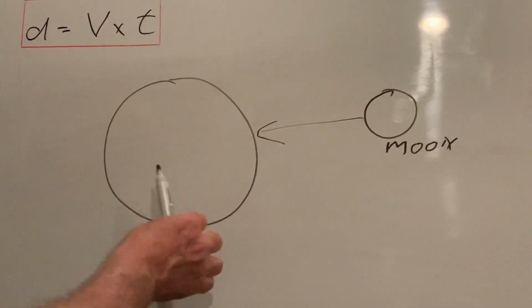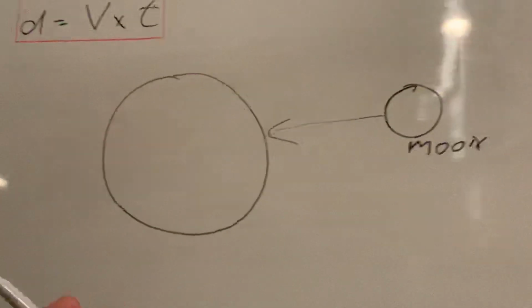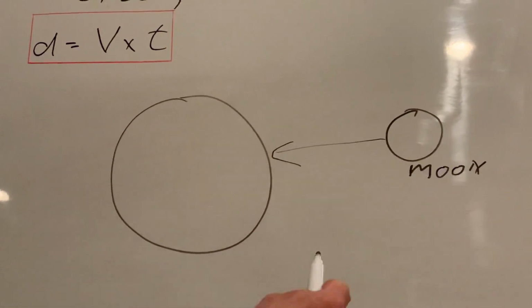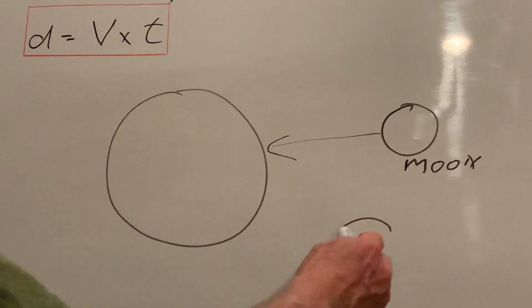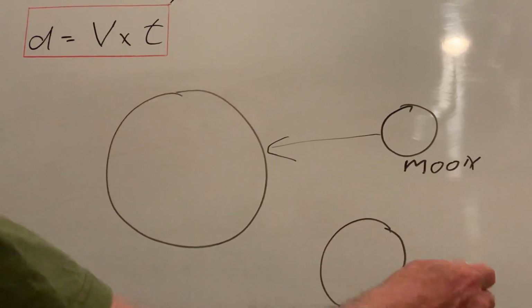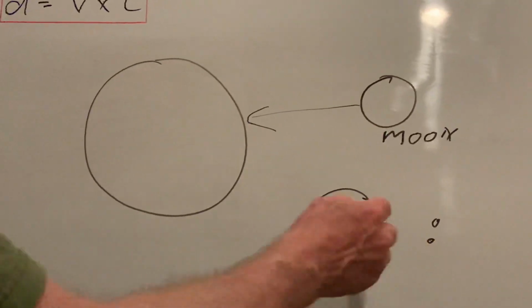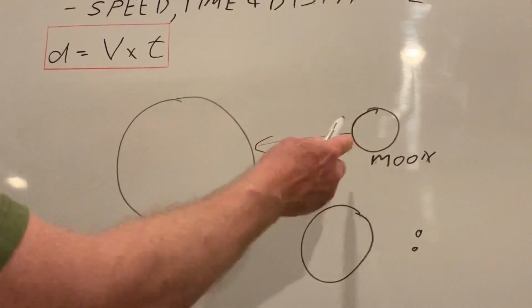It's much closer to the size of the Earth than any other moon to any other planet in our solar system. Mars has a couple of moons, but they're tiny compared to the size of the planet. You can explain that, but no one can explain why the Moon is there.